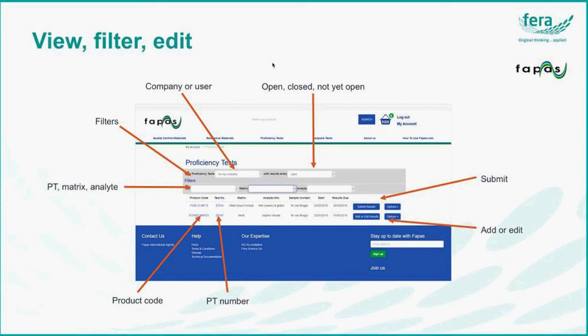So the submit results button is for a proficiency test where you have not yet submitted any results. You might have a proficiency test where results have been submitted but you want to edit them or add to them, and that is the difference between those two buttons.